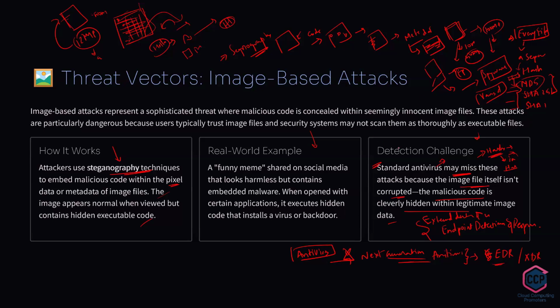So traditional antivirus works on hashes, or it could be signature based. They can't capture and store every image signature, because the antivirus stays on your laptop, which may slow down your laptop.